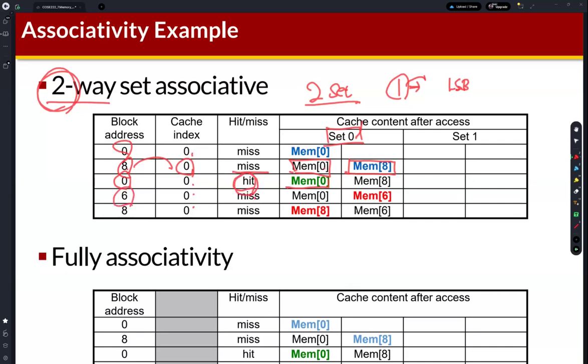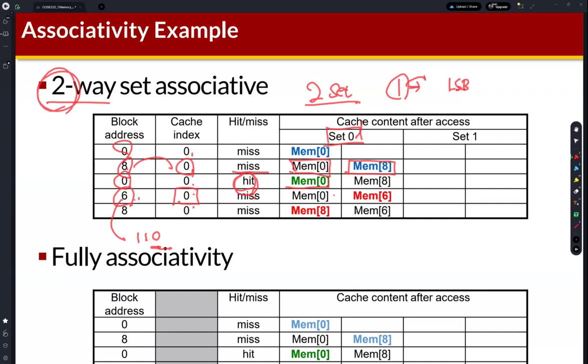Then 6. The target cache index is 0 because the block address 6 is 110, so we use the LSB 1 bit as the set index of the cache, right? There is no available slot in this set for this request.